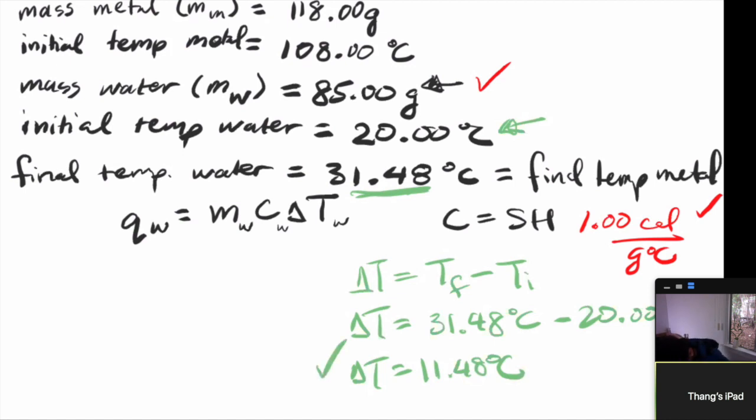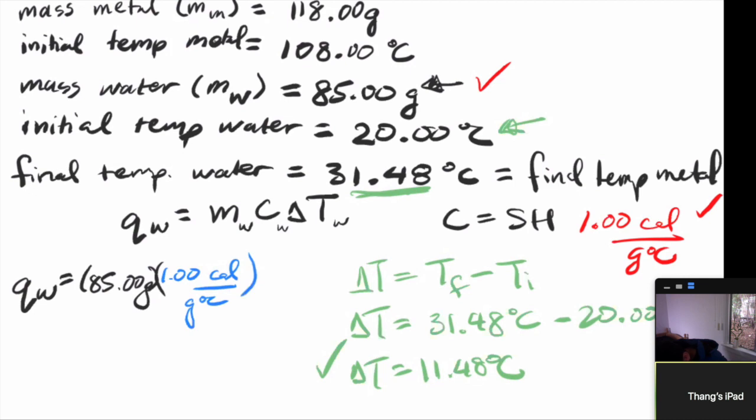So go ahead and plug all those values back in. So QW is equal to the mass, which is 85.0 grams, times specific heat is 1.00 calorie per gram degrees Celsius, and the change in temperature is 11.48 degrees Celsius.